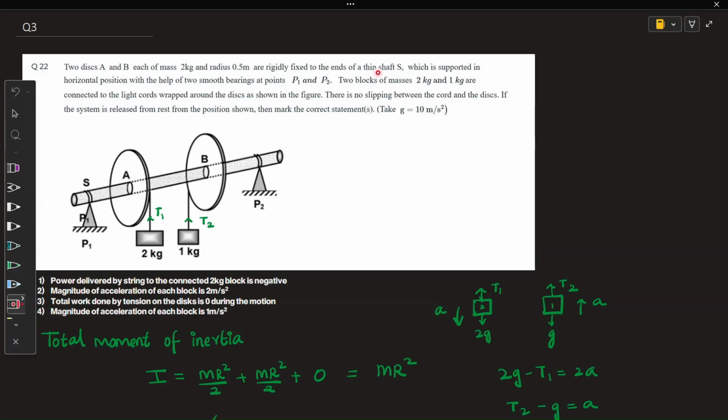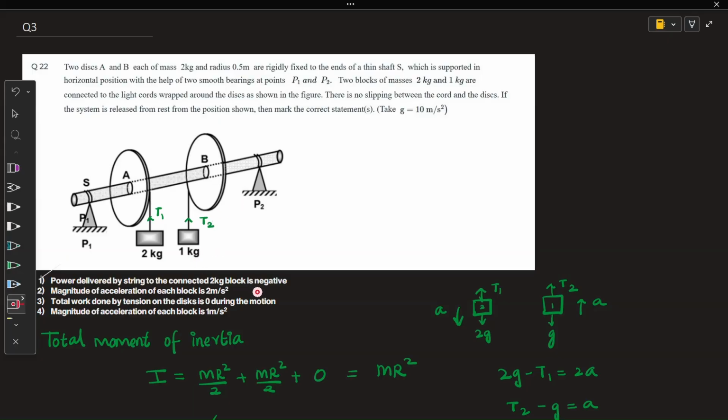Layman things, right? And they have mentioned there is no slipping. So the work done by this particular string on this part is negative. So power delivered by the string connected to the 2 kg block is negative. That's correct. So let's take it. That option is correct.